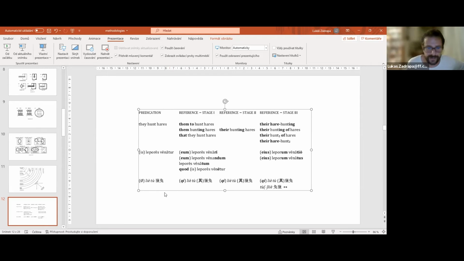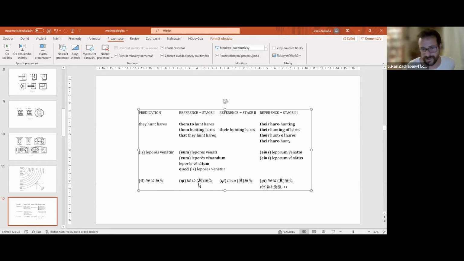In fact, in classical Chinese, we have very little to say about this as far as the form is concerned. We have this lie tu, to hunt hares. Once it gets to the first stage of nominalization, we can have at least the third person pronoun for the subject in dependent sentences, but it cannot be distinguished from the possessor.